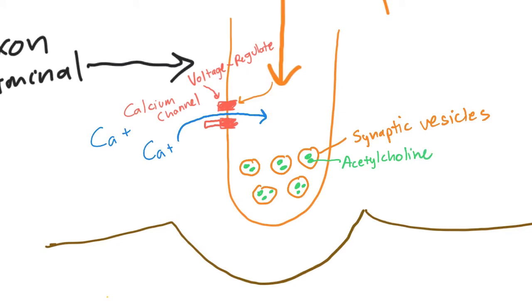And when this calcium floods into the axon terminal, that is the signal for these synaptic vesicles to empty into our synaptic cleft.